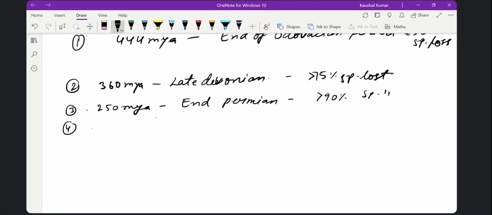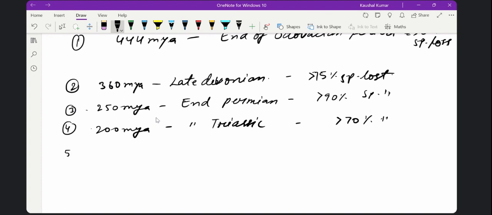The fourth was around 200 million years ago, at the end of the Triassic period, and more than 70% of species were lost. The last happened just 65 million years ago, at the end of the Cretaceous period.